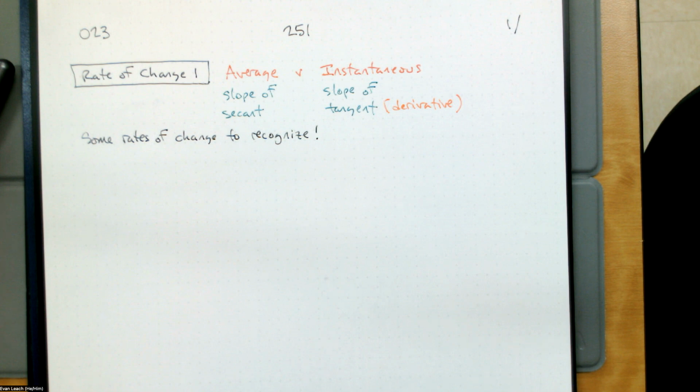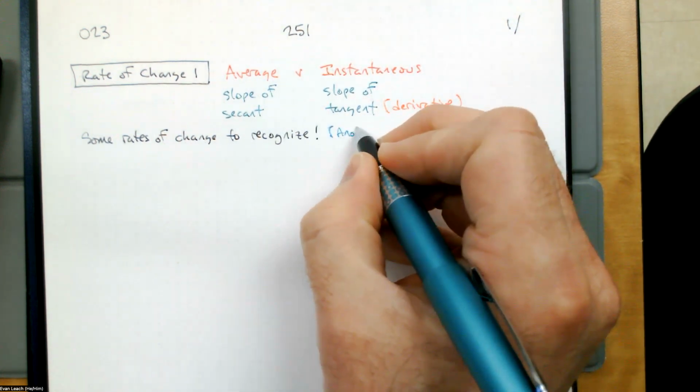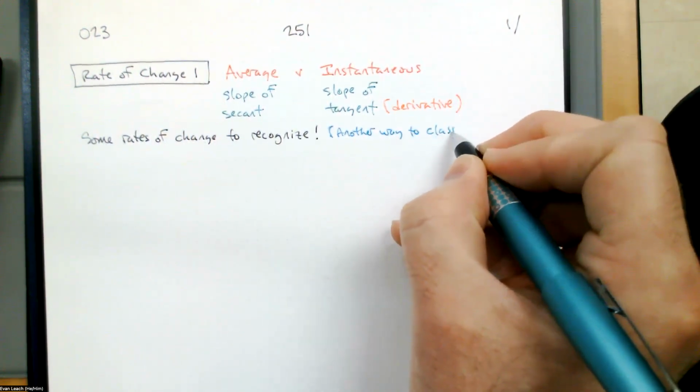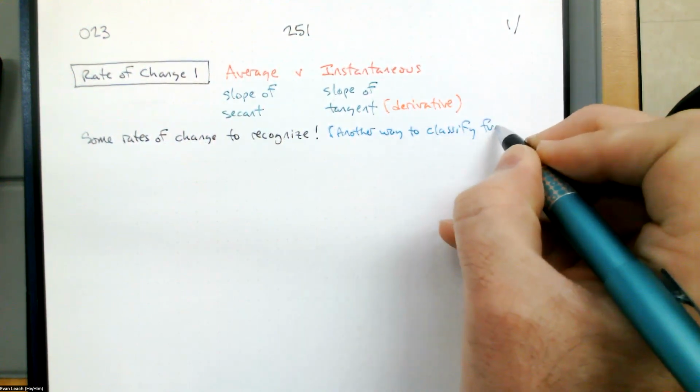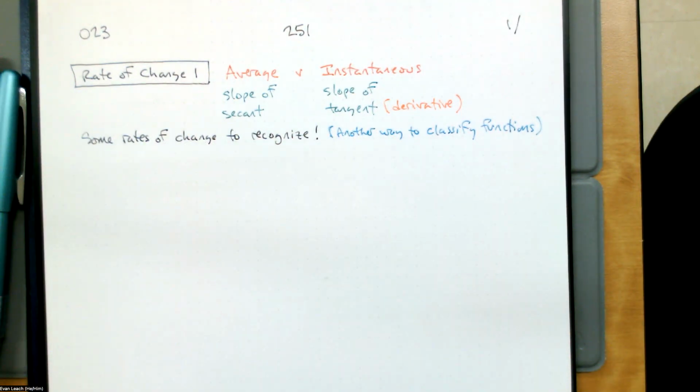One of the ways that we classify functions is by their rates of change, not just what they look like, but how they are changing. So this is another way to classify functions. We're going to be classifying functions by their rates of change. And we're going to start with, of course, our favorites.